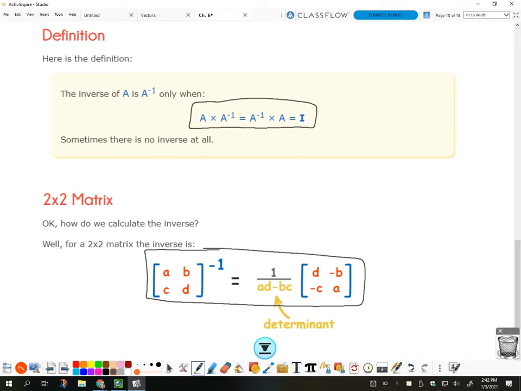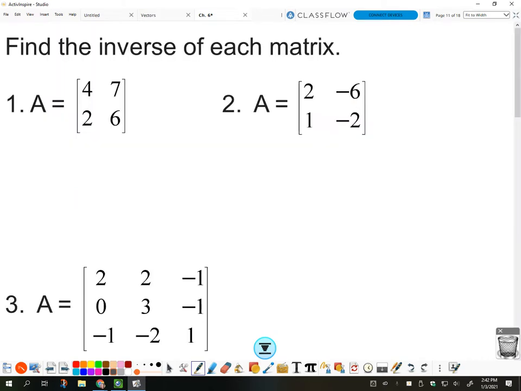Let's practice. Can we find an inverse? For a 2x2, we can do that by hand. First, we switch these, change the sign of these. And then we multiply by 1 over, multiply these minus multiply those. I cannot write.